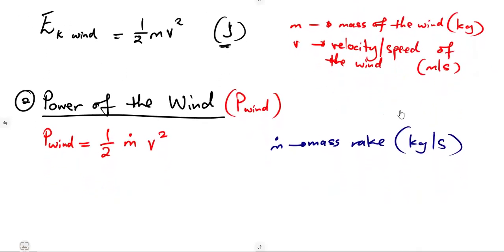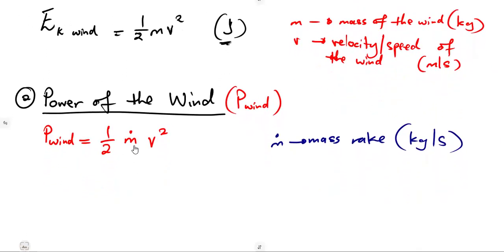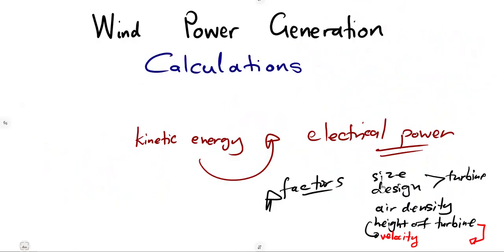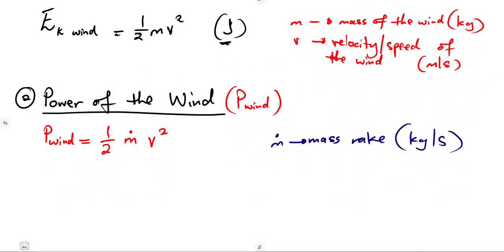But sometimes they can give us the density of air. Remember these aspects, the air density. When the air density is given, it therefore follows that the wind power can be determined from the formula of the density times the area times the velocity to the exponent of 3.